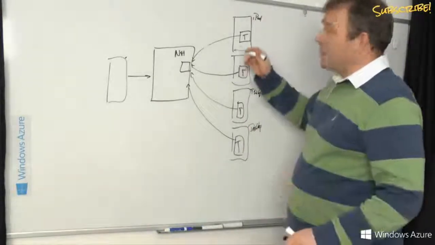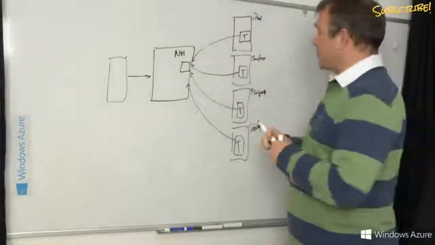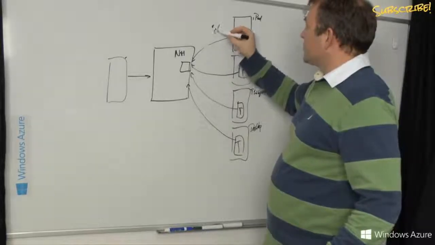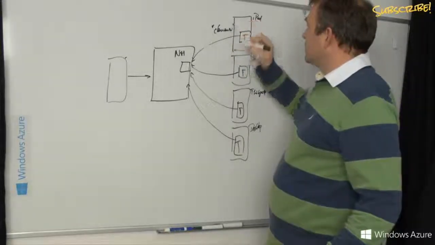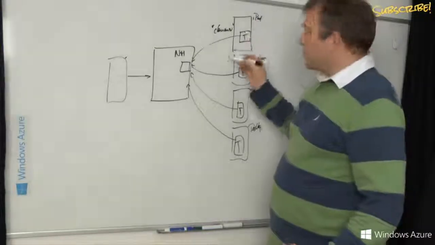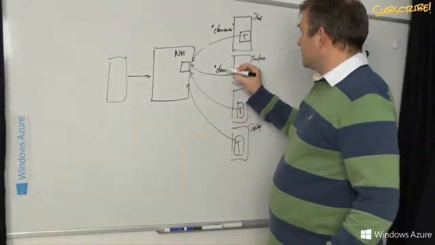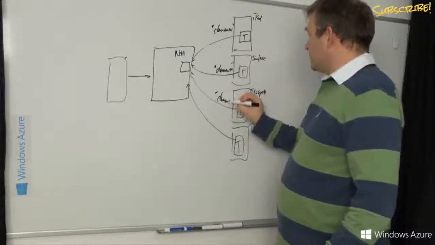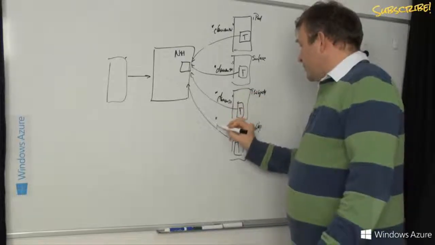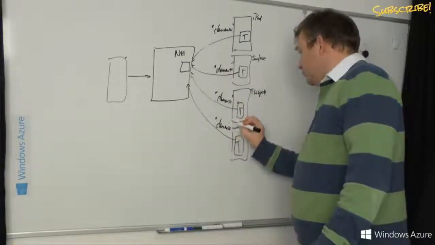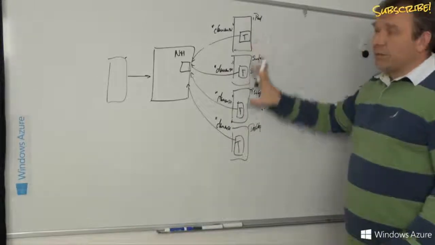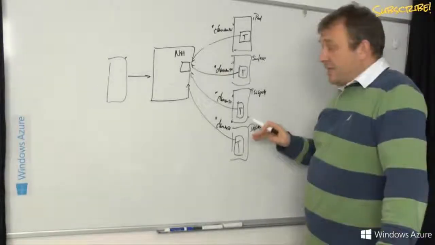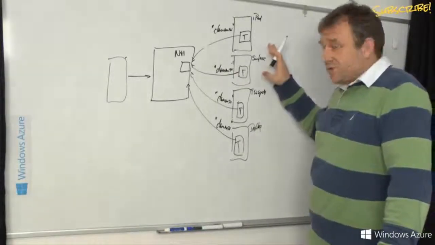So if you want to have per user notifications, you're going to register here with a tag that is my user ID. So let's say Clemens V, that were my service local username. And I do the same thing here. And I do the same thing here. And I do the same thing here. So now I have 4 completely distinct registrations, 4 completely distinct installations also.